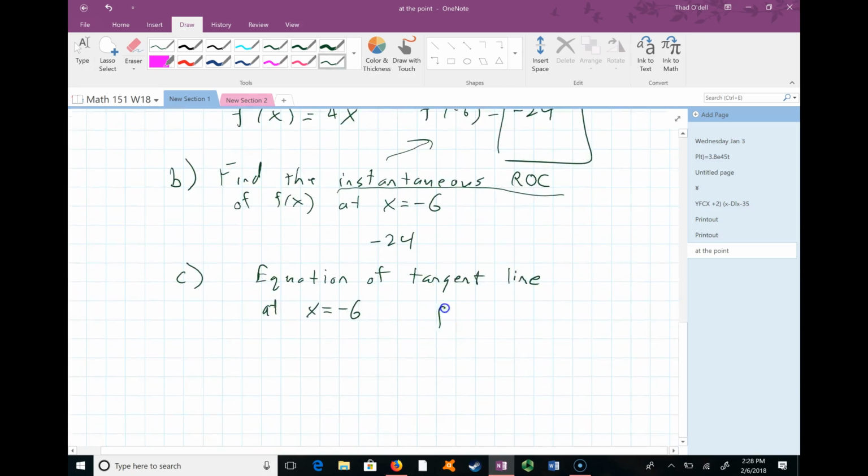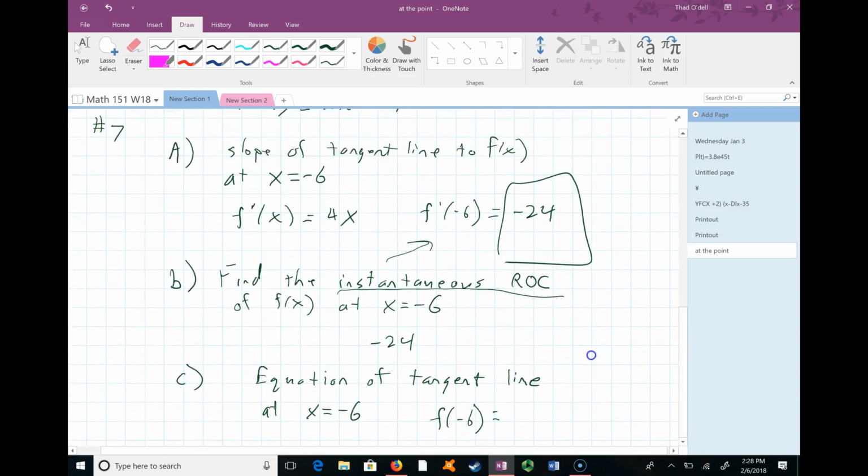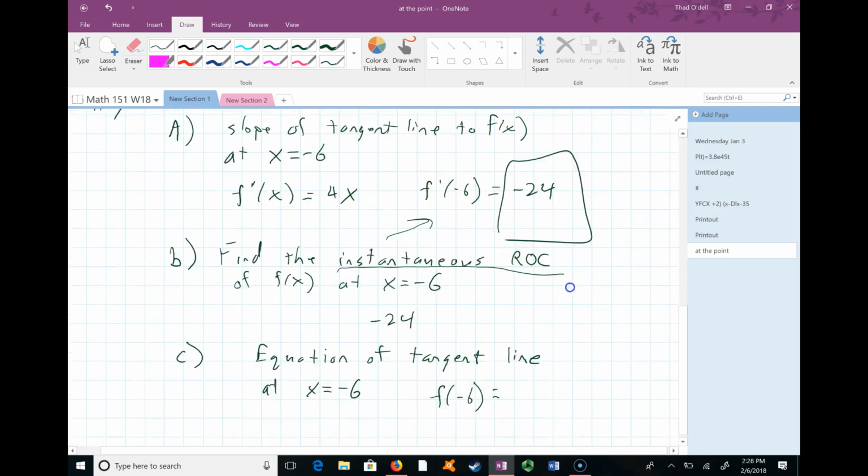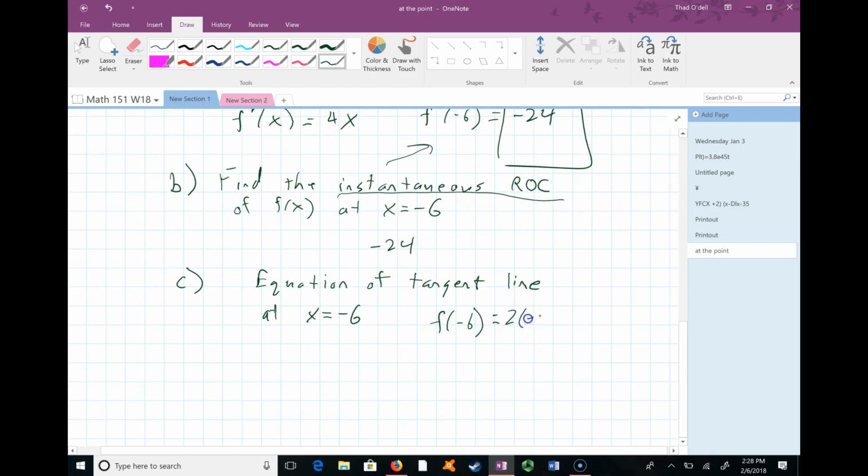So the first thing I'm going to do here is take f of -6, and remember that f is this guy up here, 2x squared minus 7. So that would be 2 times (-6) squared minus 7. 36 times 2 is 72 minus 7, which would be 65.